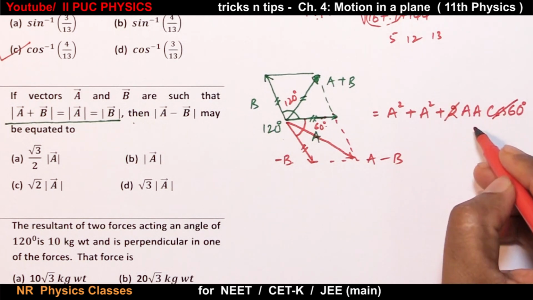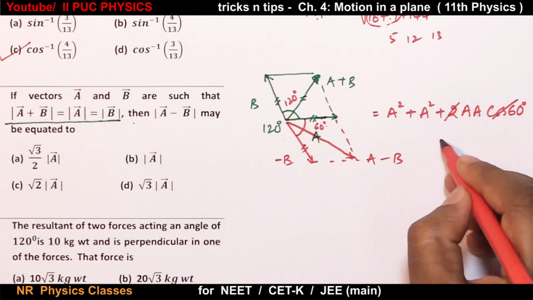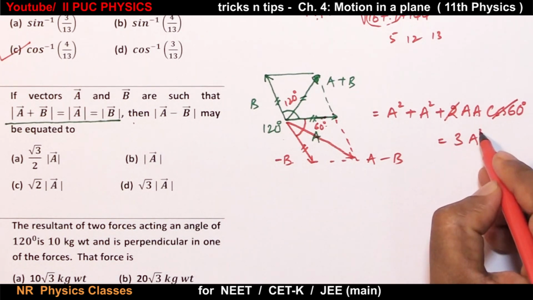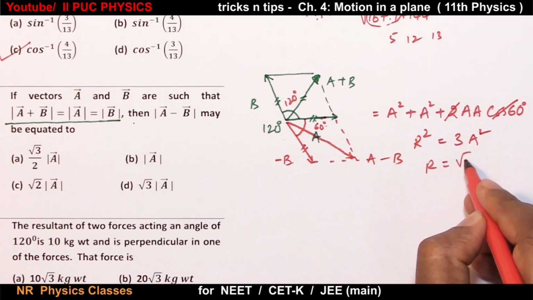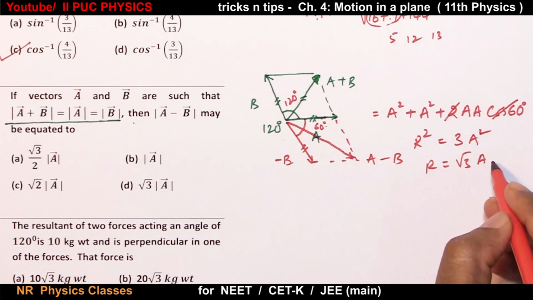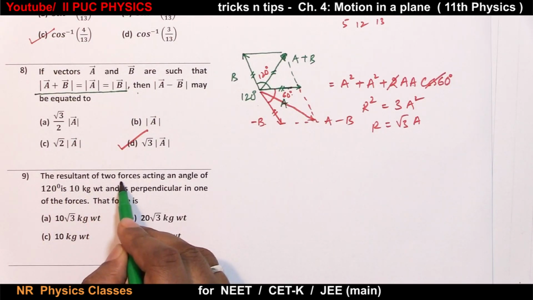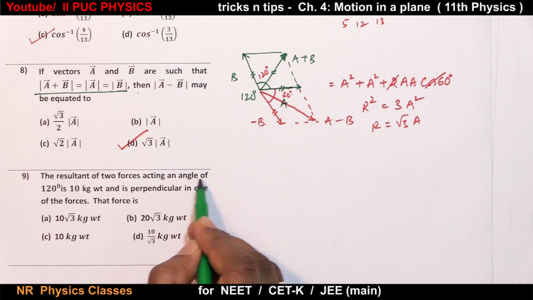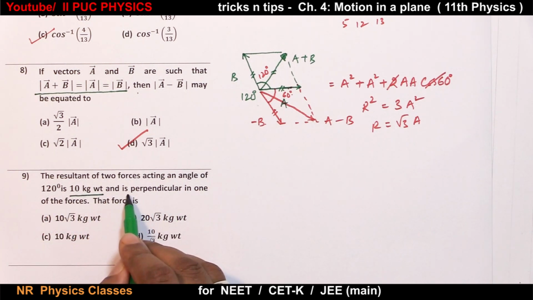This half into 2 is 1. A square plus A square plus A square is 3A square, which is resultant square, and resultant equal to root 3 A. Root 3 A.